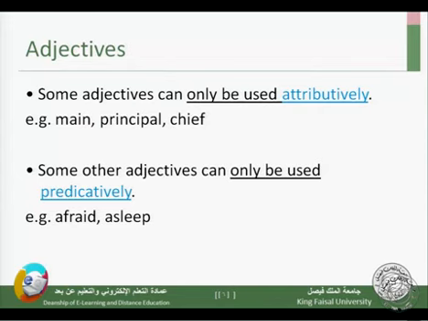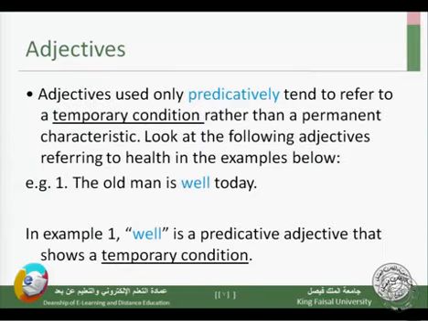We can say the important man is here, but we can't say the asleep or the afraid man is here. These adjectives can only appear in the predicate after the noun. As you notice, some of these adjectives have a before them, like afraid, asleep. This is something that can help you remember these adjectives.